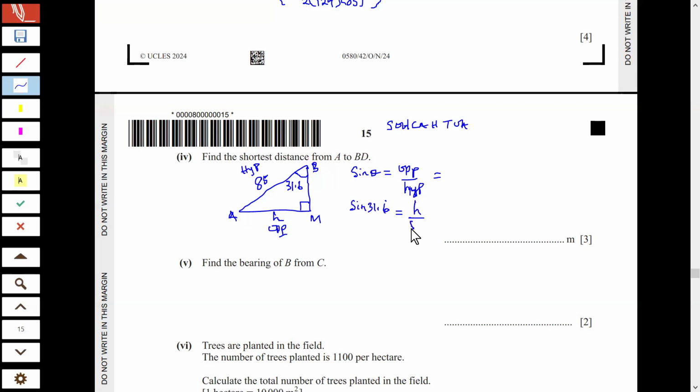Hypotenuse is 85. So we can find height by multiplying sine 31.6 by 85. So 85 times sine 31.6. If you multiply this using your calculator, you will get the value 44.5 meters.